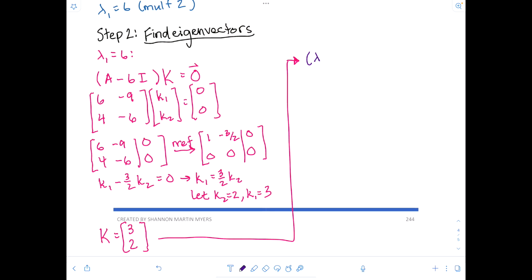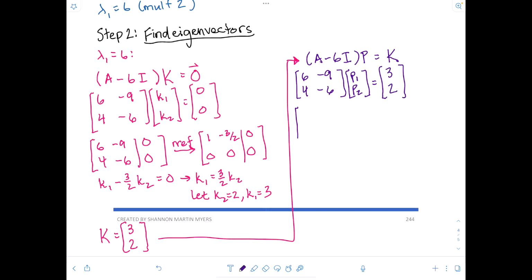So we're going to have A minus 6I, because 6 is lambda, times that P vector is equal to our K vector. So what does that look like? Well, we'll have the same coefficient matrix, so 6, negative 9, 4, negative 6, times P1, P2 equals our K vector, which is 3, 2.